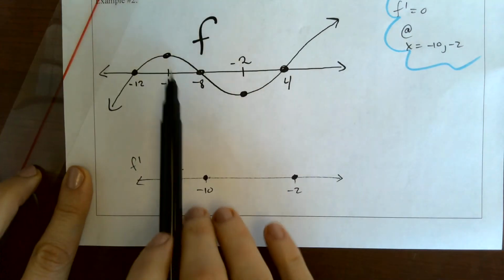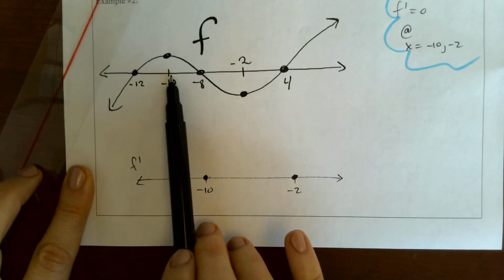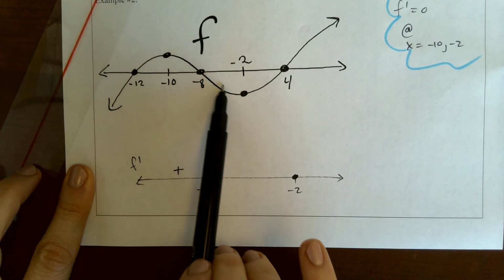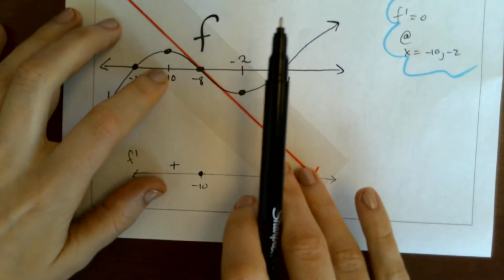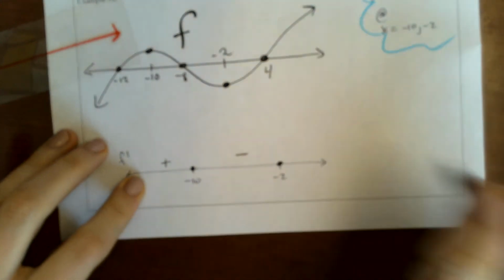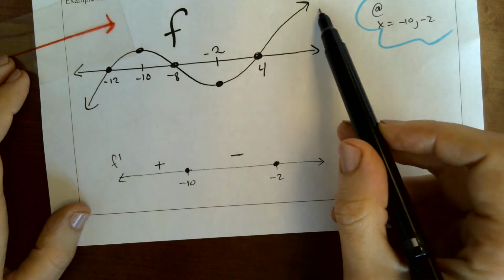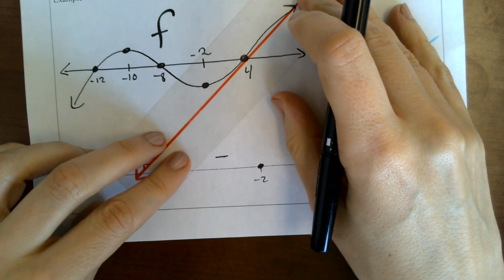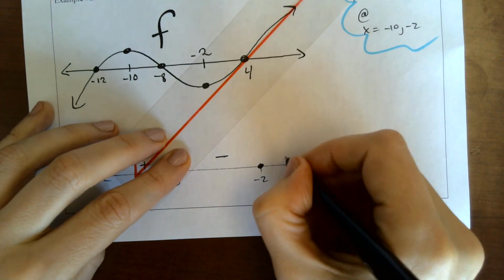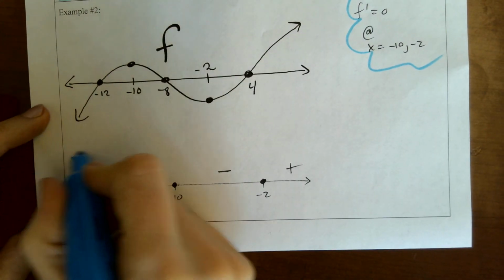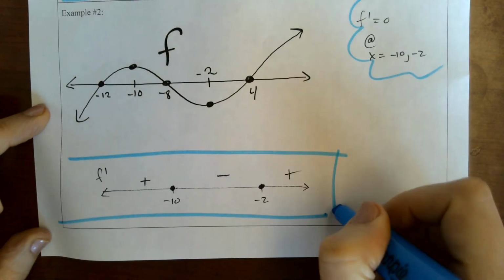Between negative 10 and negative 2, on this stretch of f, f prime is negative. The slope is negative. And then beyond negative 2, on this stretch of f, positive again. Okay, and there is the answer.